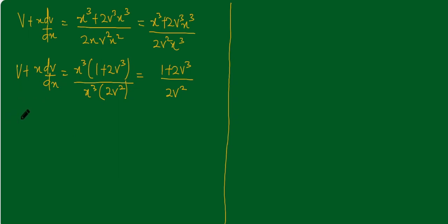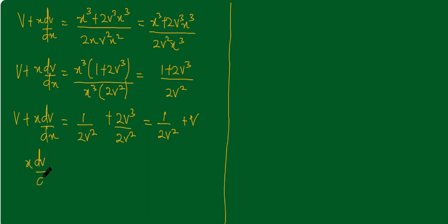You can further simplify this to be v plus x dv dx is equal to 1 over 2v squared plus 2v cubed divided by 2v squared, which gives us 1 over 2v squared plus v. So since we have v on both sides, we can subtract them from each other. We now have x dv dx is equal to 1 over 2v squared.